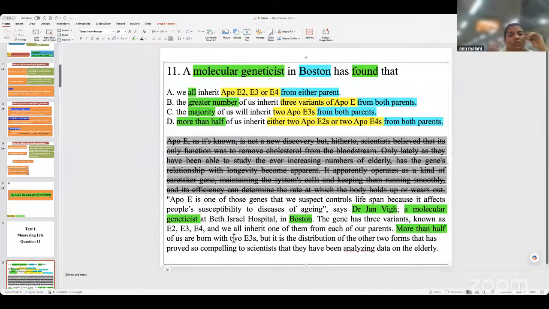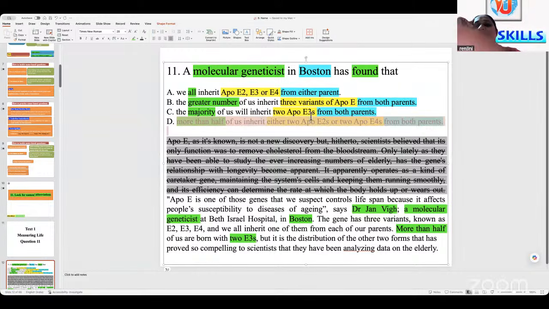Yes, majority, C. But it is the distribution of the other two forms. More than half are born with two E3s. Here it is either two ApoE2s or two ApoE4s. E3 is not mentioned at all in the fourth option.